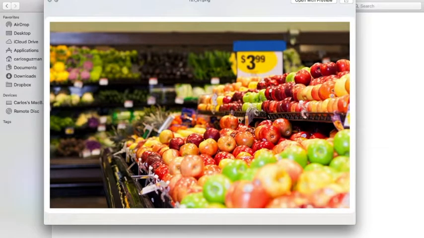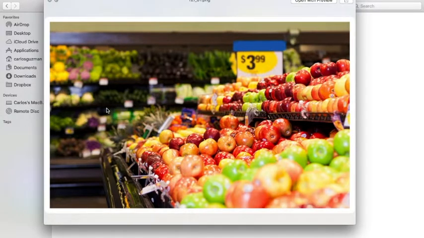It looks like we have a bunch of fruits. These are many apples, I see some pineapple and a lot of vegetables, and with the price, $3.99. I wonder what money this is? I think that is dollars.